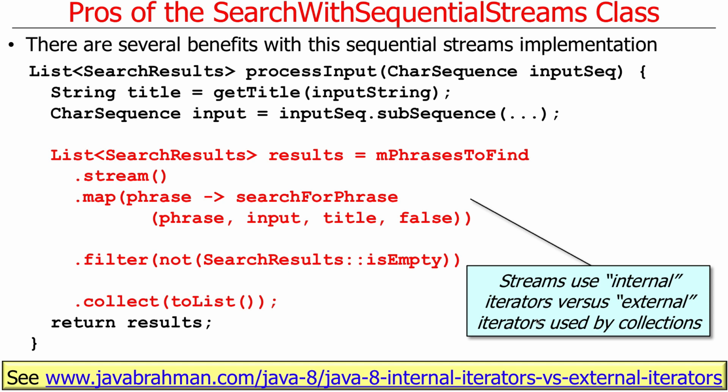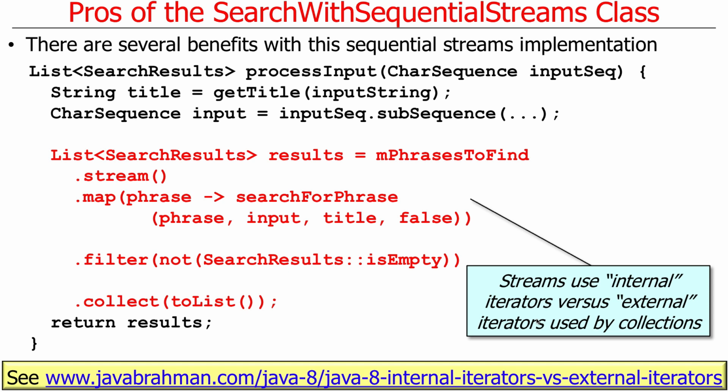You've probably worked with these already. If you use the iterator object as you have done in your assignment, you have to make an iterator, and it iterates externally over the collection. Likewise, if you use a Java for each loop, which is basically doing the same sort of thing, it's iterating over the elements. And streams use internal iterators versus external iterators.